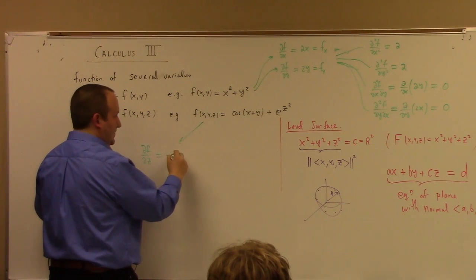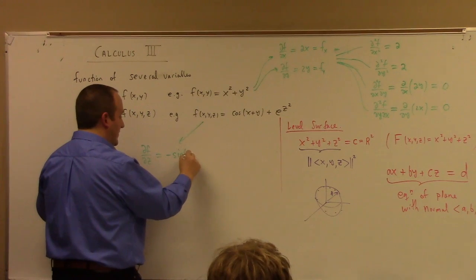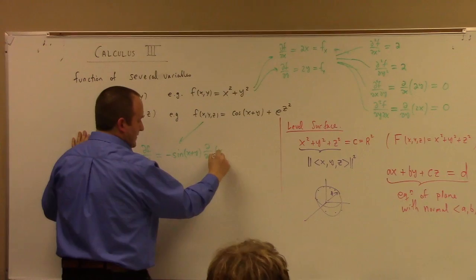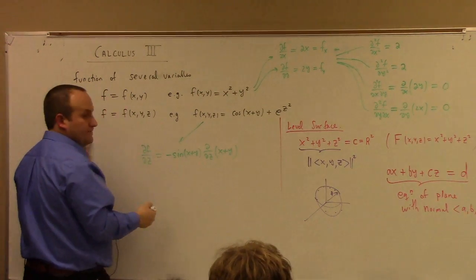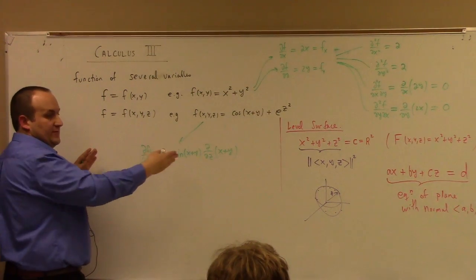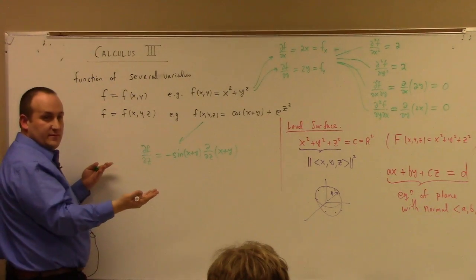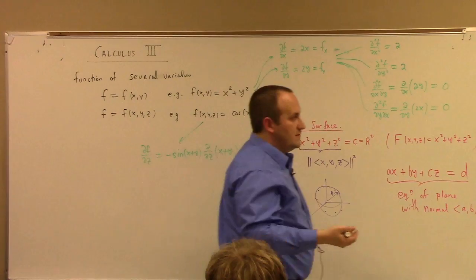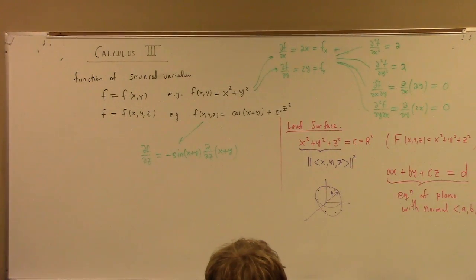Well, let me write it out actually. Minus sine of x plus y, but then why doesn't that matter? Partial z of what? x plus y, right, by the chain rule. Chain rule is still true. Basically, you proceed like normal. You just have these new guiding principles, like this one, and this one, and this one, and this one.